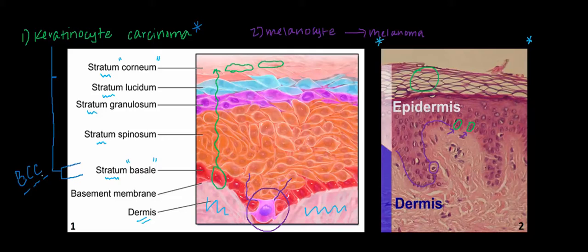On the other hand, if keratinocyte carcinoma arises from any of the keratinocytes above the basal cell layer, so the stratum granulosum, spinosum, etc., we call it a squamous cell carcinoma, or SCC for short.